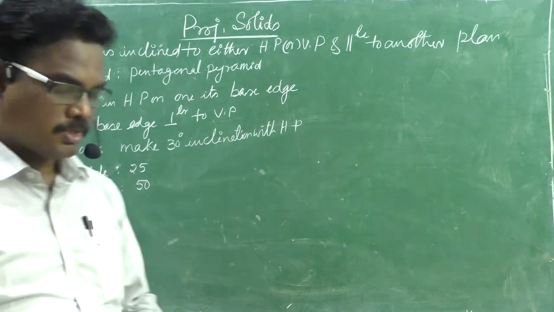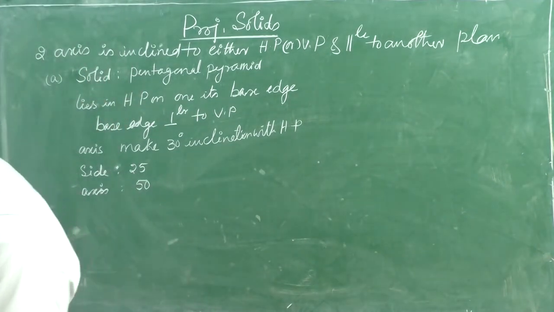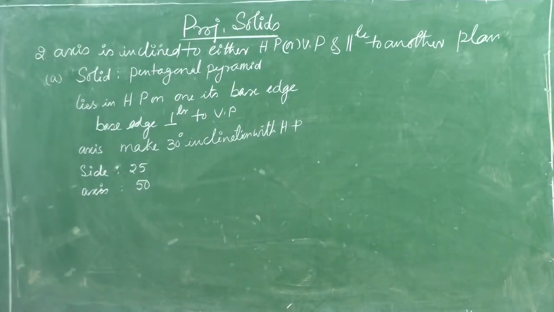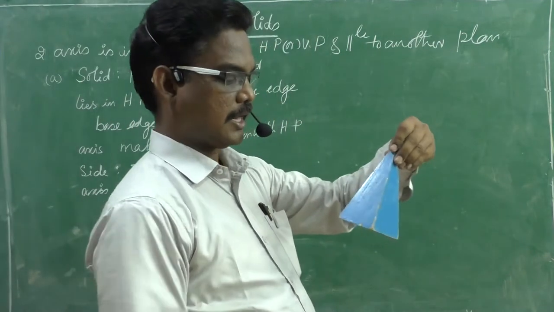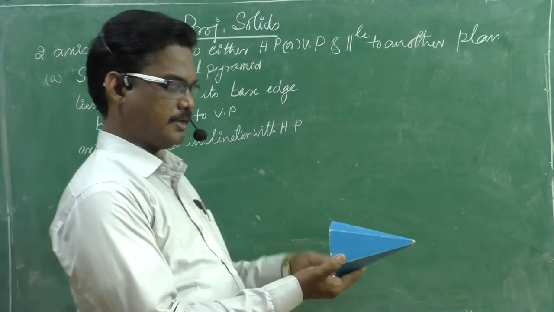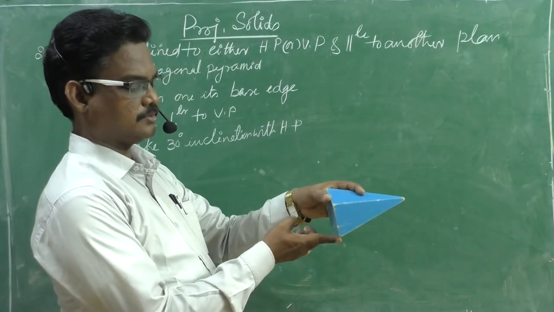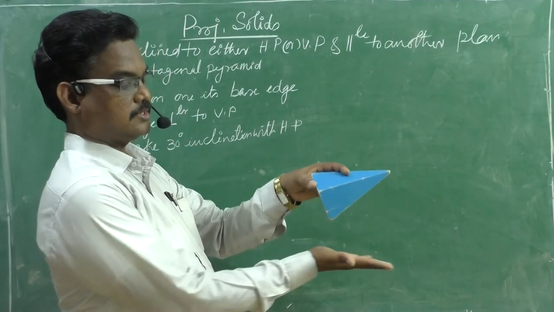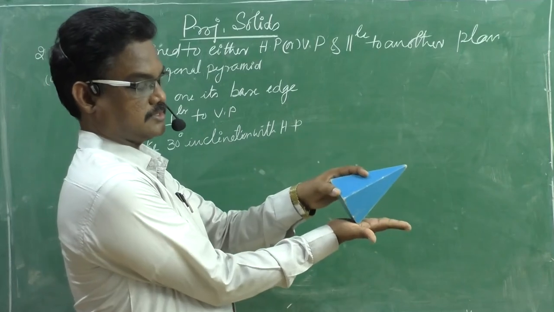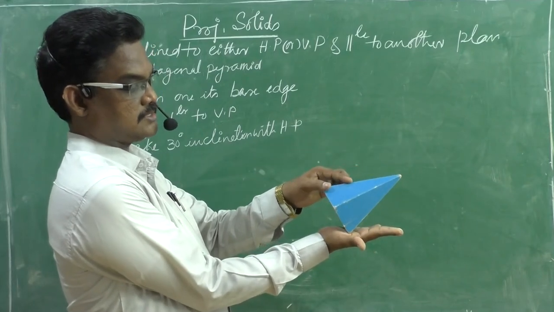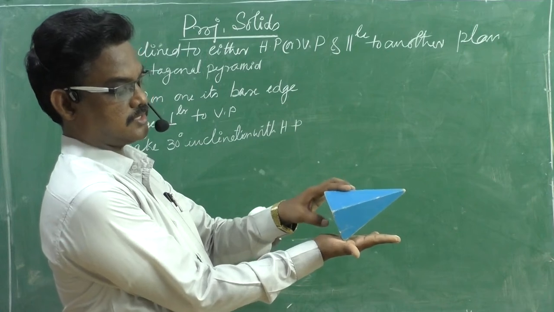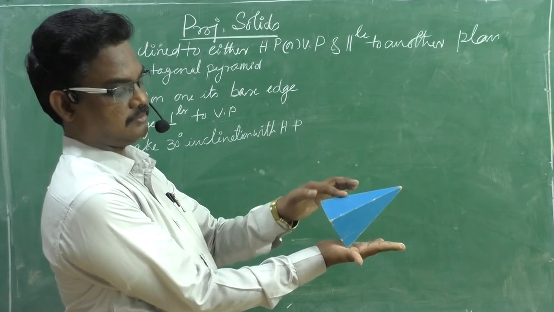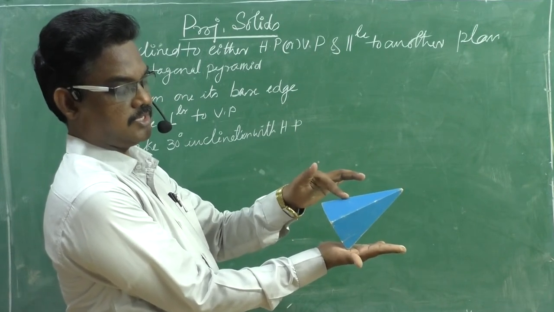Okay, now imagine the respective position. See, this is the pentagonal pyramid. It lies in the horizontal plane on one of its base edge. Okay, that means it lies like this, right? And the axis makes an angle of 30 degrees with the HP like this.